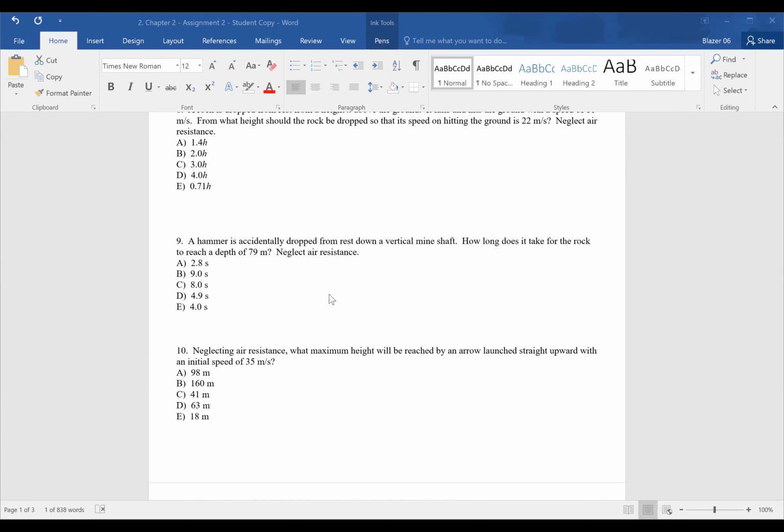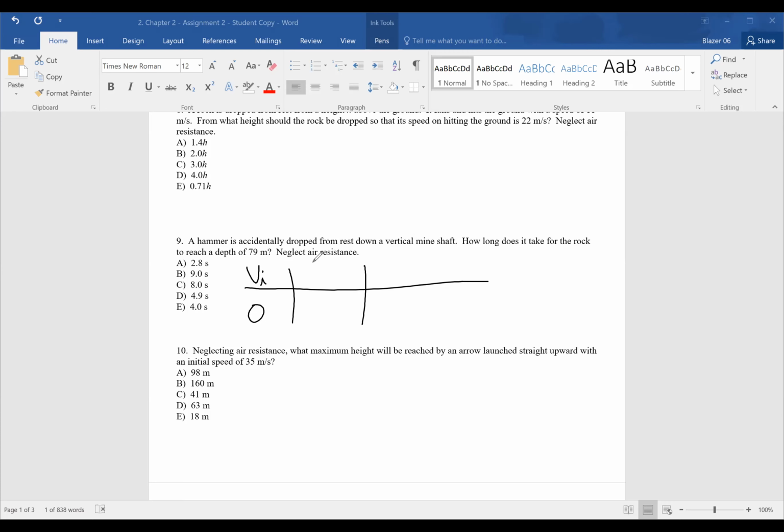Let's look at number 9. A hammer is accidentally dropped. Remember, we said anytime it's dropped, the initial speed is 0. Okay, from rest means it's 0. Down the vertical mine shaft. How long does it take for the rock to reach a depth of 79 meters?